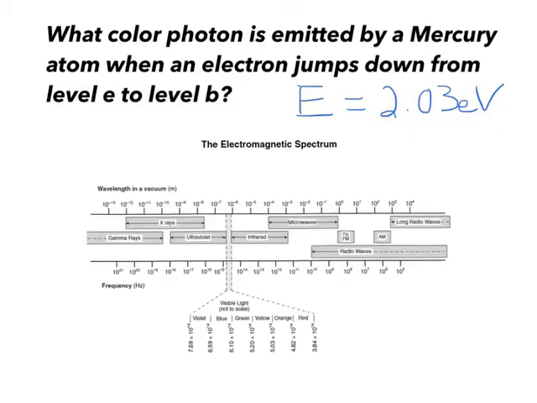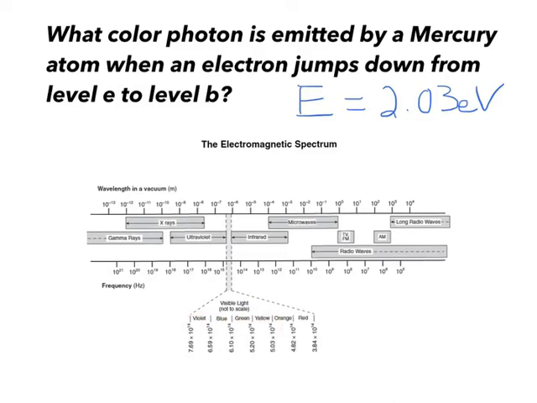Well, the only information I have about colors on my reference tables is in this chart called the electromagnetic spectrum, which has all the different bands of the electromagnetic spectrum. Visible light is this narrow slice, and they've exploded out the visible light part of the spectrum into each of the colors.